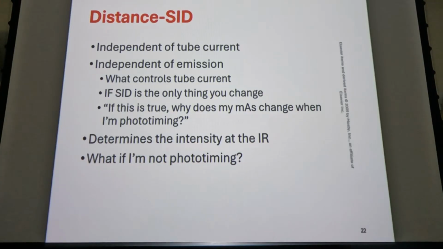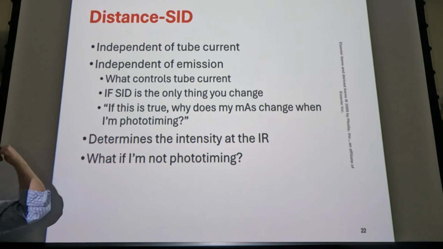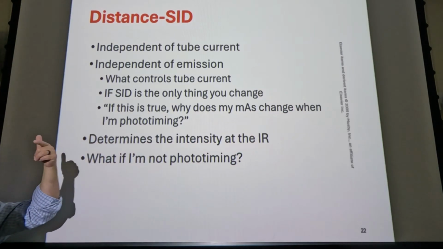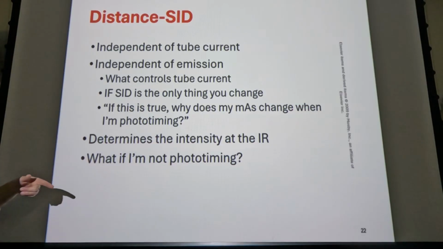So changes in the SID is independent of tube current. Just by changing your SID, your tube current does not automatically change unless there are complicating factors there, okay? Unless you do something or something else does something, your exposure is going to remain the same.